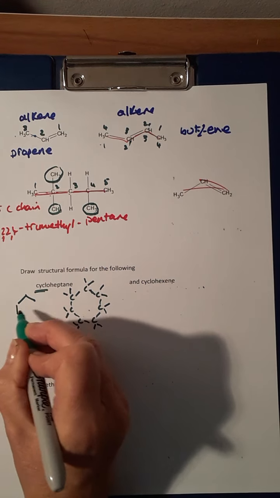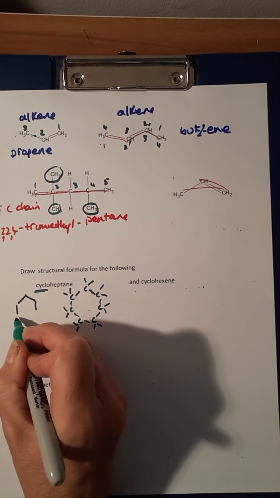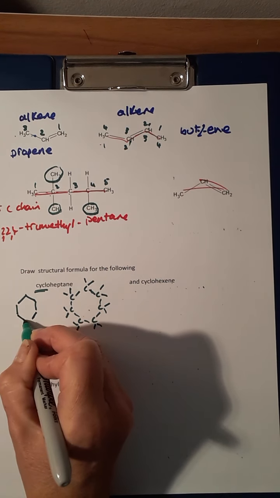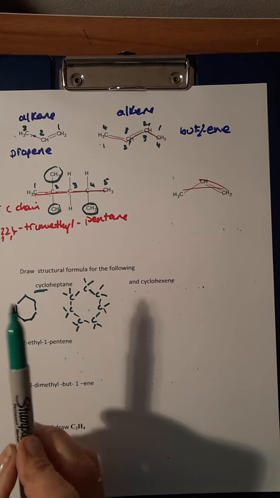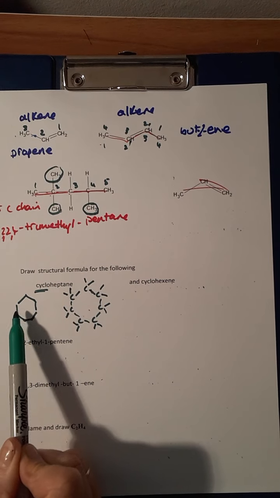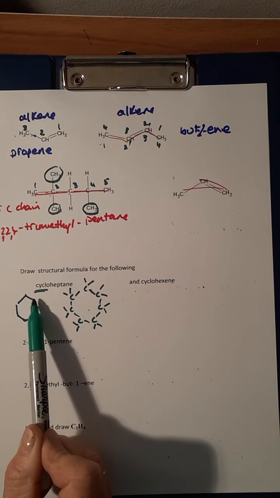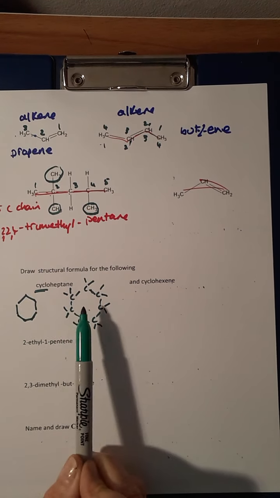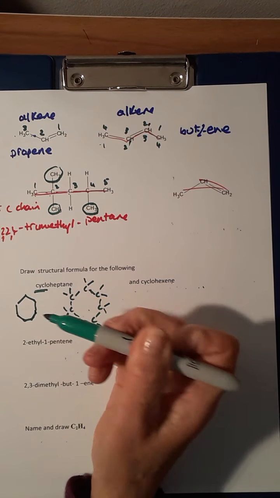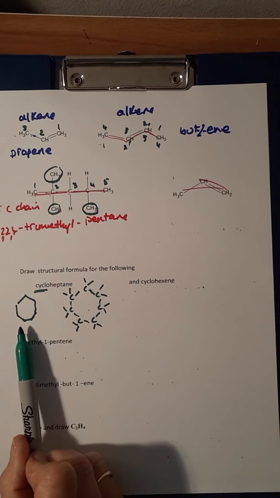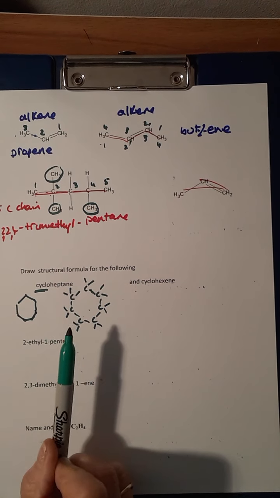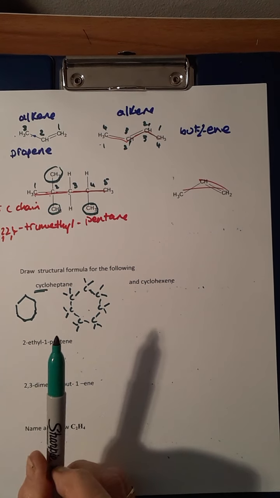So 1, 2, 3, 4, 5, 6, 7. If you count the vertices in that shape, 1, 2, 3, 4, 5, 6, 7. That's the same as that. And an organic chemist looking at that would know that that's what you mean. You've got a 7-cornered figure, which means it's a 7-carbon chain.